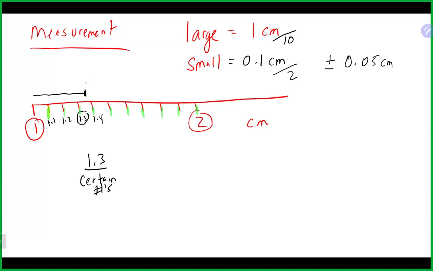So you want to think about where that is at. You may think, well, in this case, maybe it's a little bit more than halfway, but it's not quite to the 1.4. So maybe we record something like 1.38 centimeters, always including the units as we talked about.